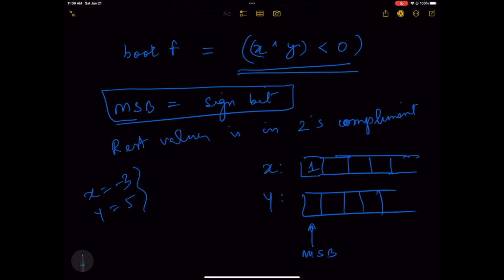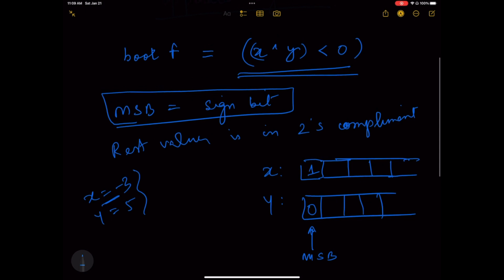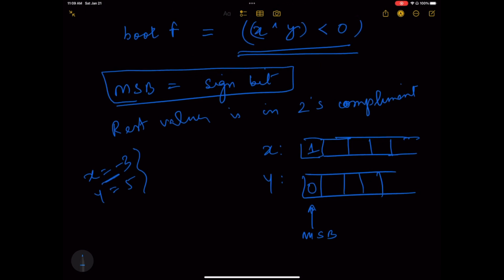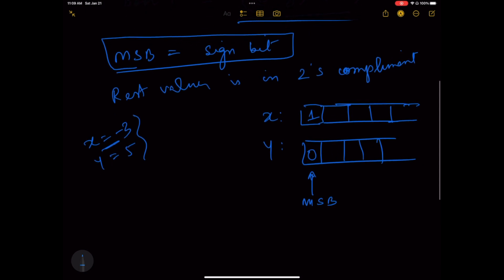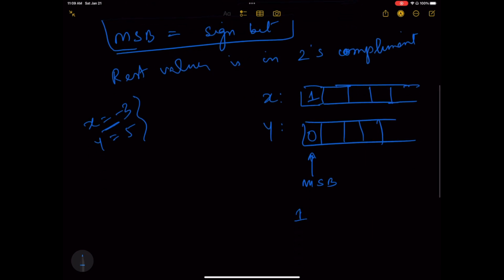So this one would be 1 in case of x because it's a negative number, and 0 in case of y. Now when we XOR that, what would we get? We get 1, right?